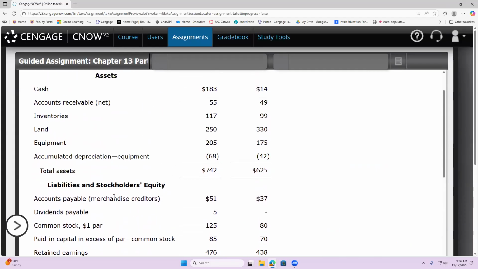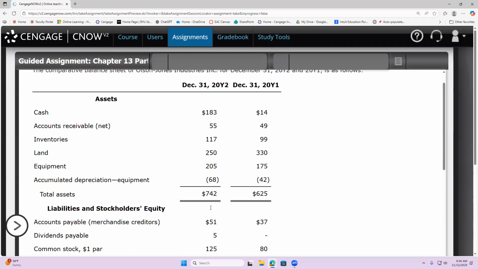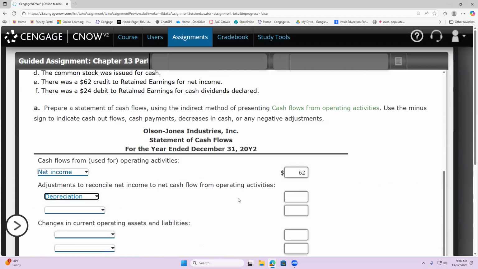Okay, yeah, so we can see that at the beginning of the year, accumulated depreciation was 42, and at the end of the year, it was 68. So that's a change of 26. Does that make sense? That's the amount of depreciation that was done this year. So we're adding depreciation back in, as a positive 26.